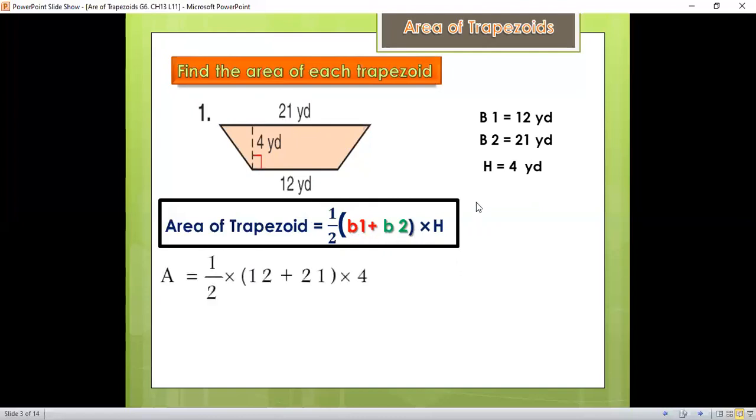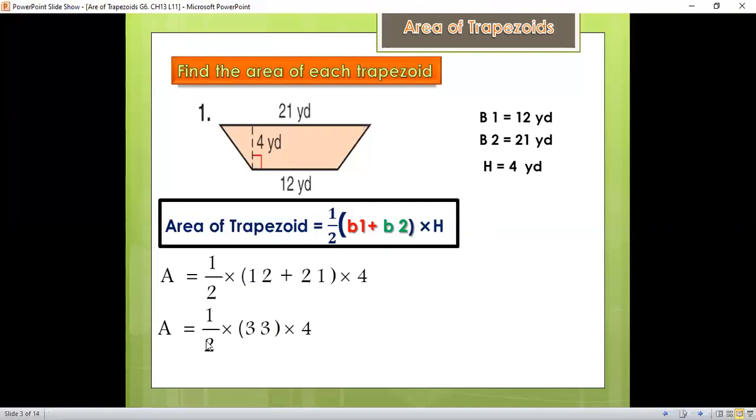By substitution, half multiply 12 plus 21 in brackets multiplied by 4. Then half multiply 12 plus 21, which equals 33, multiplied by 4.